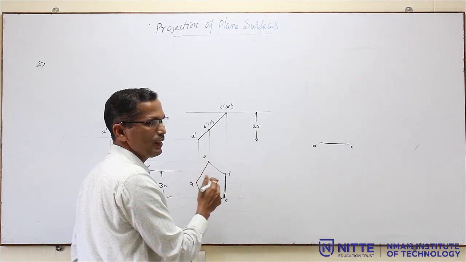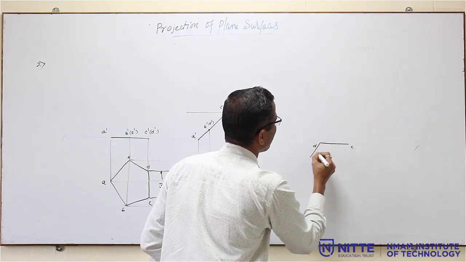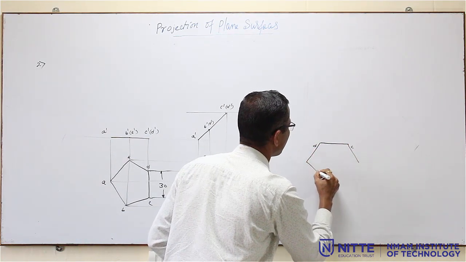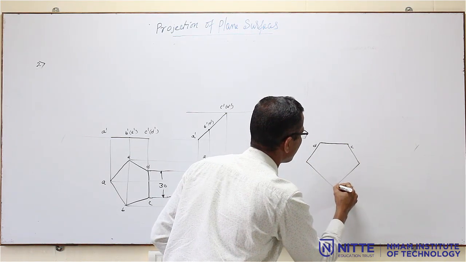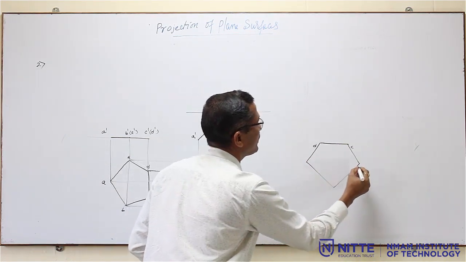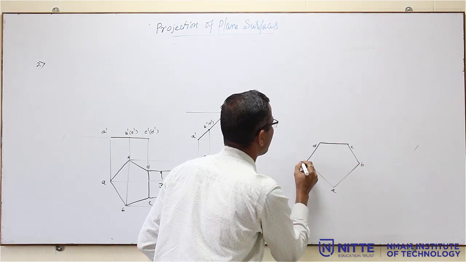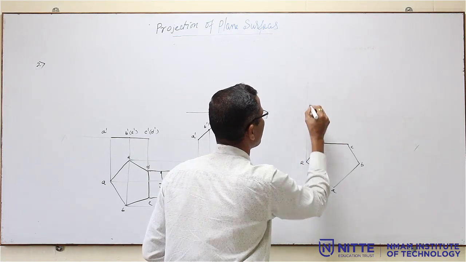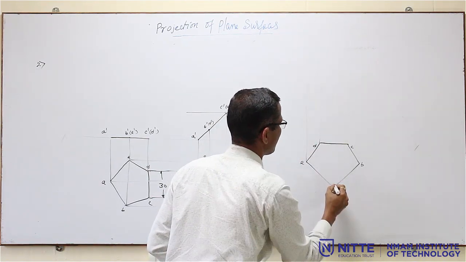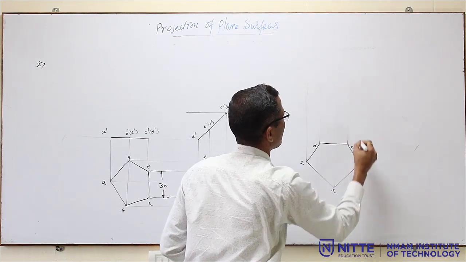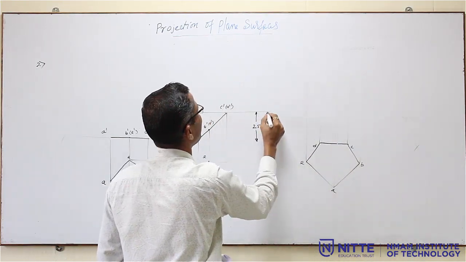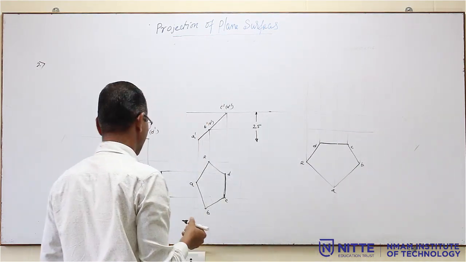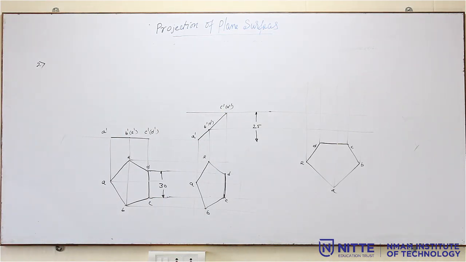The grids you have to copy, and you have to copy that pentagon. And all the names. Then project it up and project horizontally and mark all the 5 points.